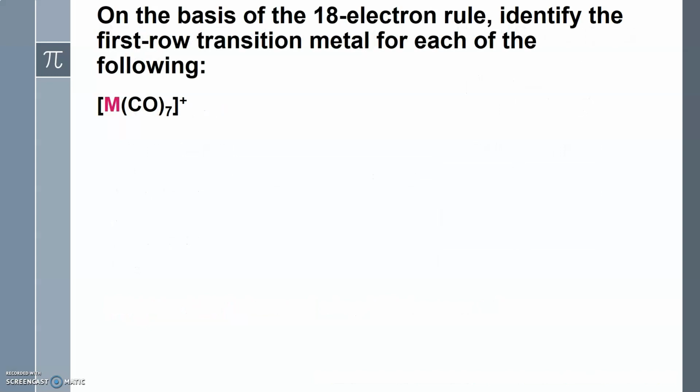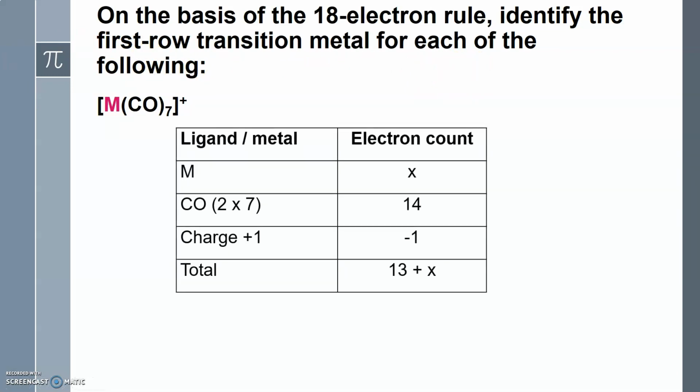Now let us do another problem. Identify the first row transition metal for each of the following. Again, it is similar to the problem that we have seen earlier. The electron count from the M is X, and the electron count from the ligand is 14, because 2 electrons from each carbonyl group and 7 carbonyl ligands are here. Now the charge is plus, which means we have to subtract 1.